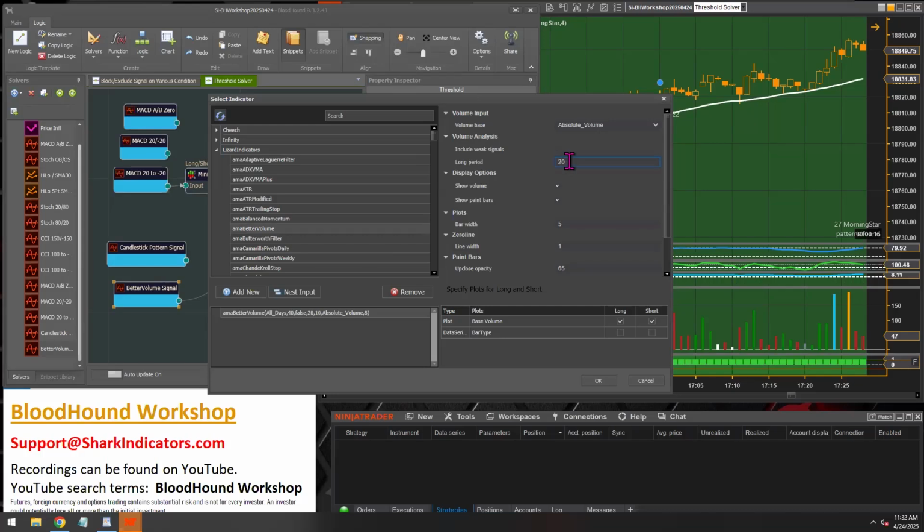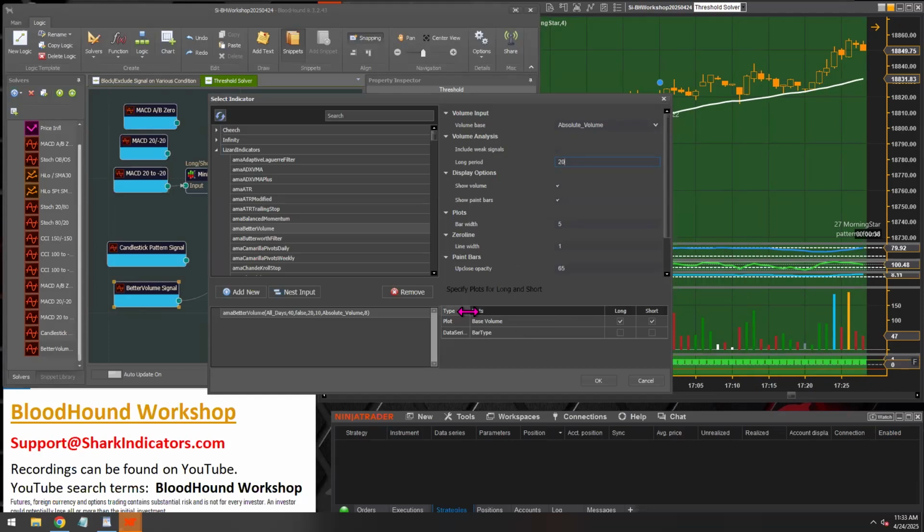This does actually have some settings here that will need to be matched up with what's on your chart. So we have a long period, absolute volume. I believe those are the only two settings that matter. Again, you need to contact the vendor to see what settings will change how the indicator calculates.